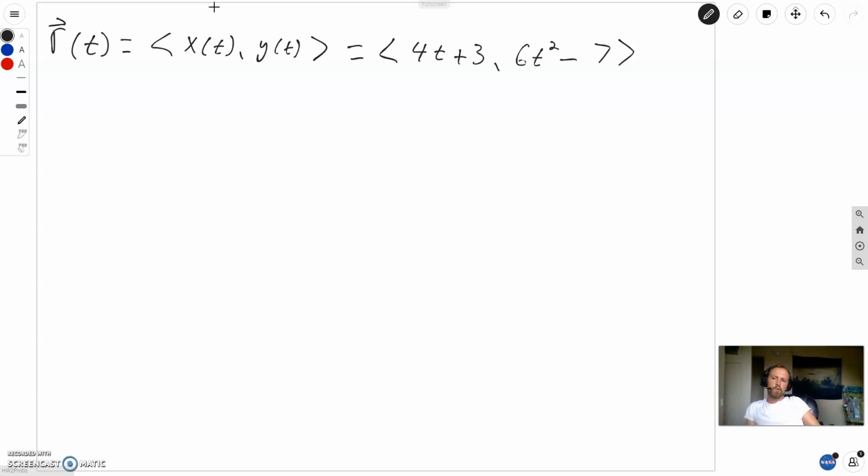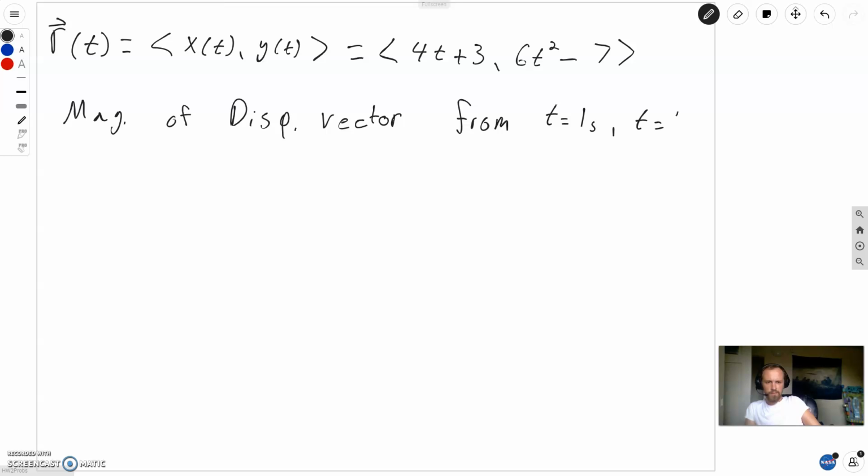Okay, so we want the magnitude of the displacement vector from t equals 1 second to t equals 5 seconds.